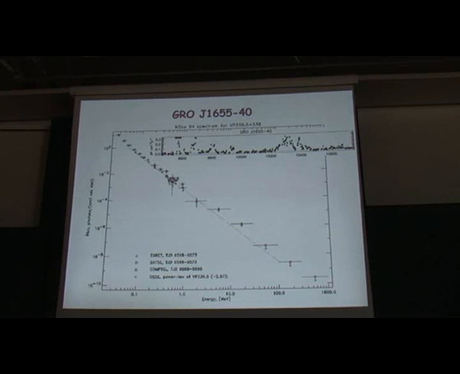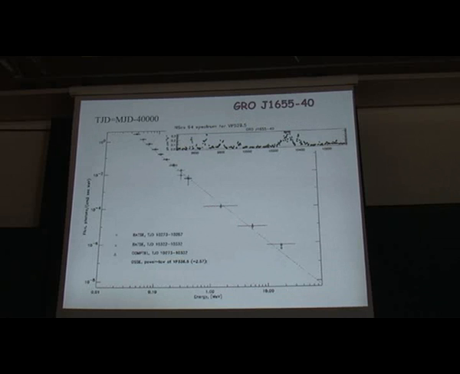We never have seen here sort of breaks. This is almost straight power law from, let's say, 20 keV up to 10 MeV at least. That's maybe some rise, which is shown at some other spectra as well.